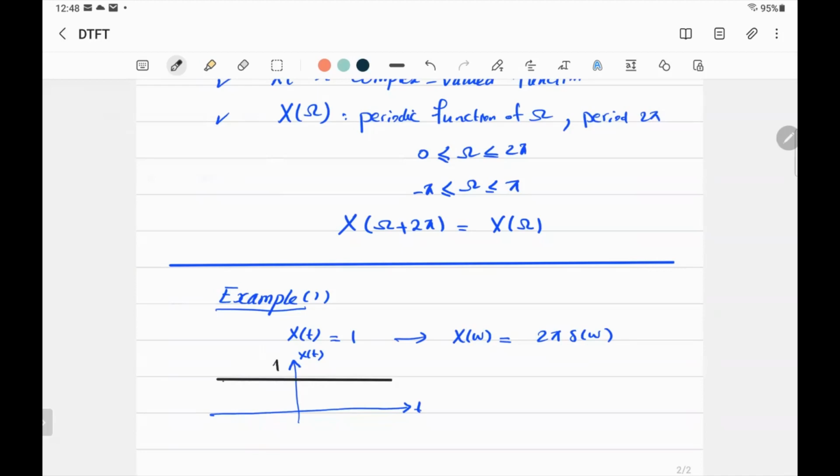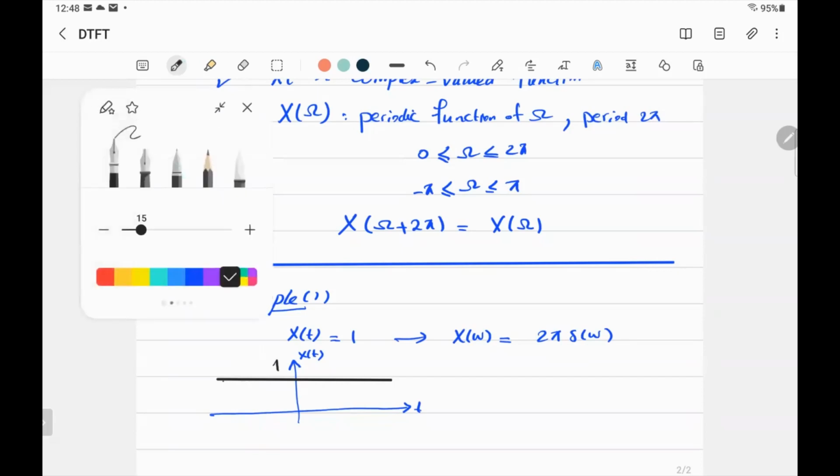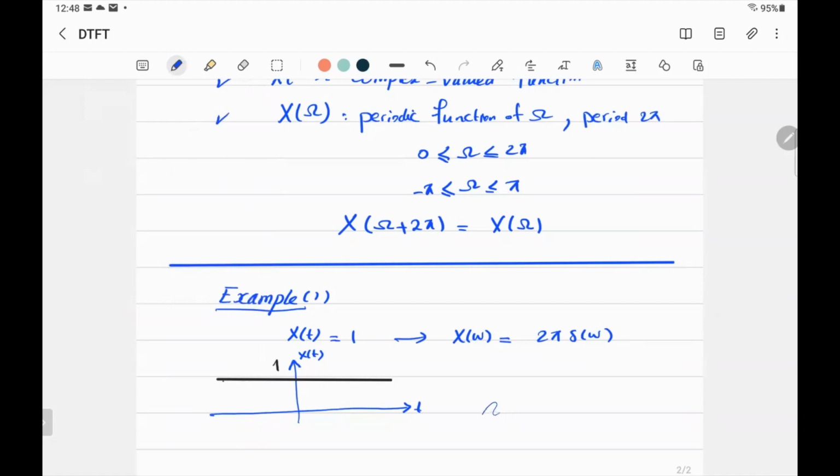Well, how do you sketch X of omega? It would be like that. This axis will be omega. And how do we sketch delta, the impulse? It's a short straight line with an arrow. It means the amplitude is infinity and it is located at 0, because it's delta of omega only.